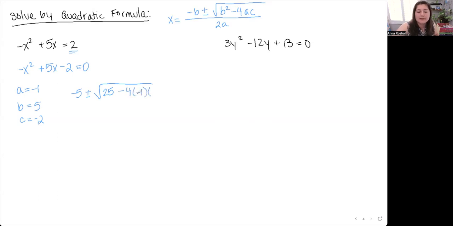I also like writing this piece out because it gives me a chance to think, oh, there are 3 negatives, so I know this is going to be -8. So 25 minus 8 is 17. So -5 plus or minus square root 17 over 2 times -1, which is -2. Final answer, this is what X equals.